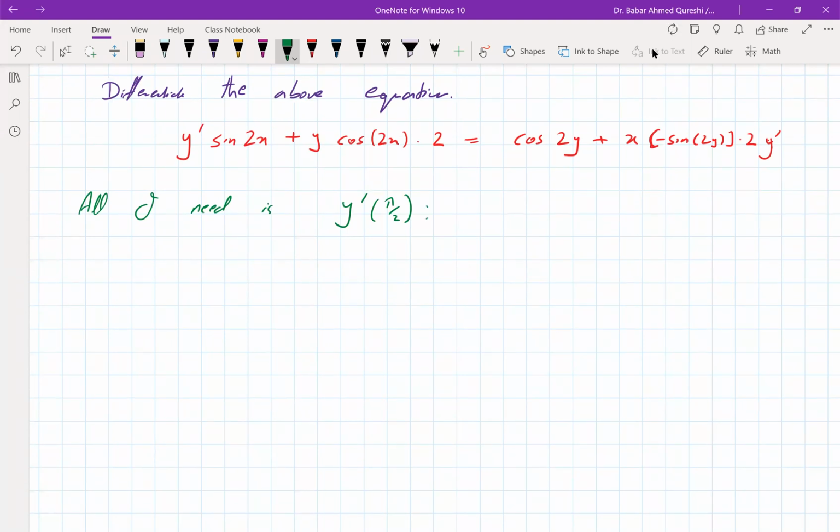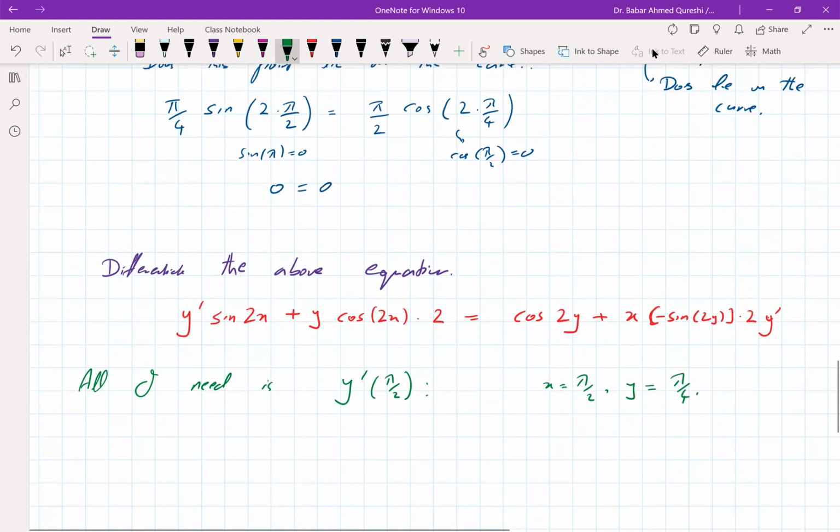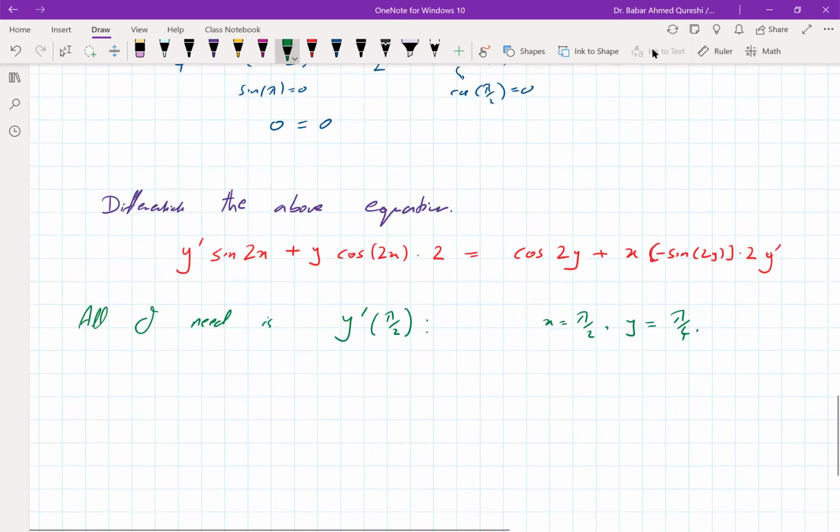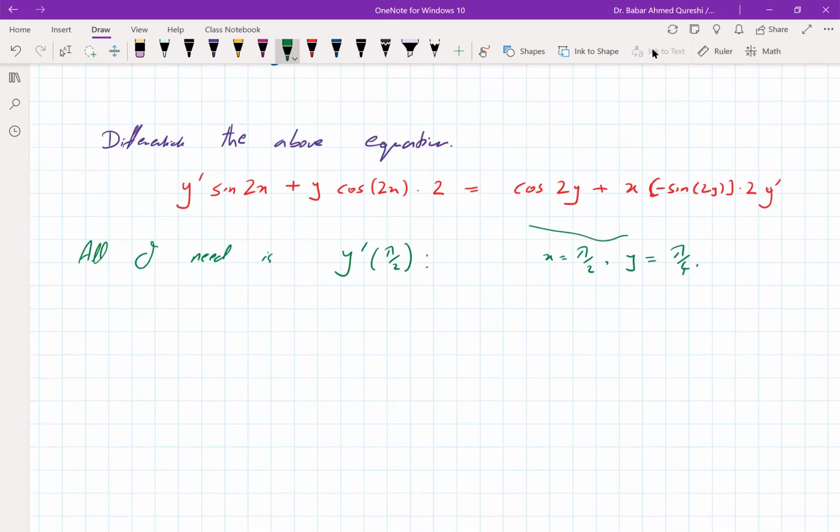And I need it when x is pi by 2 and y is pi by 4. This point. So I can put this here, and then I don't need to solve for y dash in a functional form. I'm just solving an algebraic equation, so much easier to do.